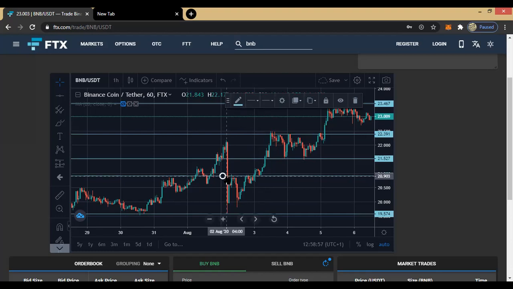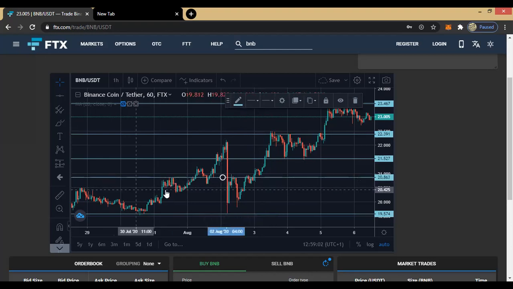We can see a whole number of touches at this point. Here you can see what was once a resistance at this very point became a support because price actually flipped it. When it got to this very place, it was rejected and price kept coming down. And then here it broke through the resistance, and then resistance flipped to a support, and then it went down and then blew up again.